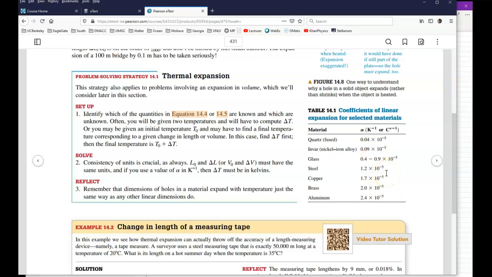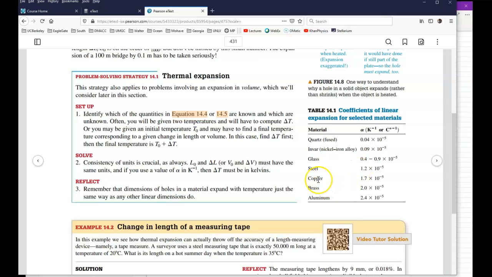And I give you a word of warning. From my experience dealing with the coefficient of linear expansions and other tables that we're going to deal with in this video, always refer back to your own textbook, the table here. So maybe you want to take a screenshot of this table and keep it on your desktop, and do not use the internet. If you look up the linear expansion for steel on the internet, you may get a different number, okay? It's kind of weird. I don't know why that is the case.